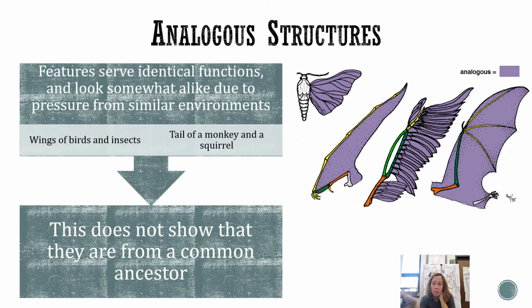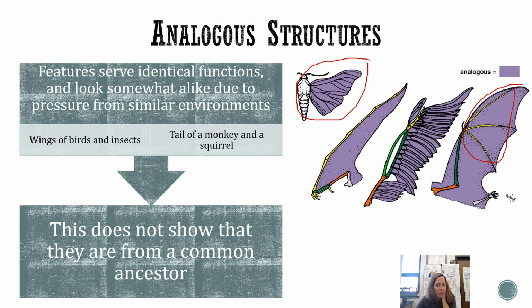Analogous structures, we talked about these a couple weeks ago, right? These are structures that serve the same function but don't have the same underlying structure, right? So things like the wings of a bird and the wings of an insect. If we look at this picture up here, this insect wing is very different than, let's say, this bat wing, right?